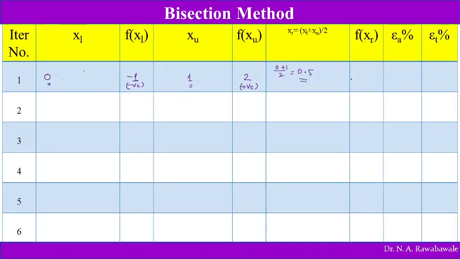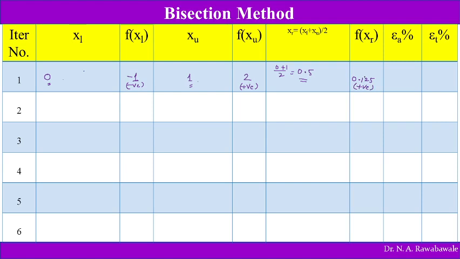Now substituting 0.5 here, 0.5 to the power of 3 plus 2 into 0.5 minus 1 yields 0.125. Now we go again to the table: this is 0.125, which is positive.